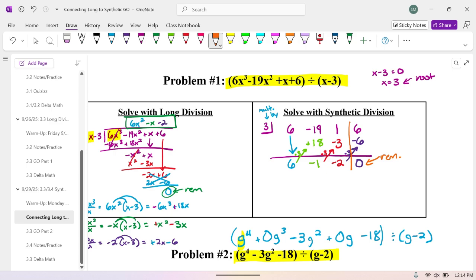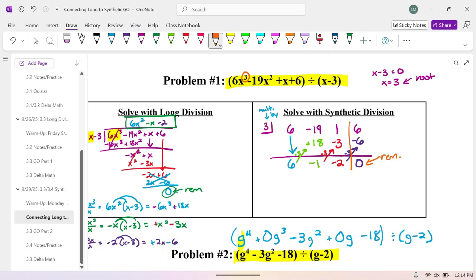Now, you may be wondering, okay, if I didn't do the long division first, how would I figure out the variables that go after these? Very, very easy. All you have to do is look at the highest exponent of the original polynomial. So this is 3.